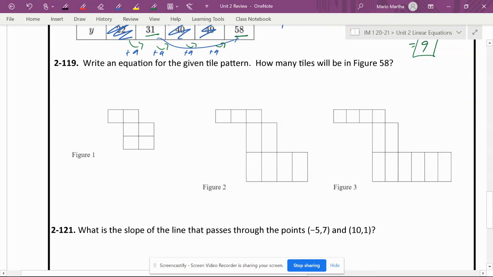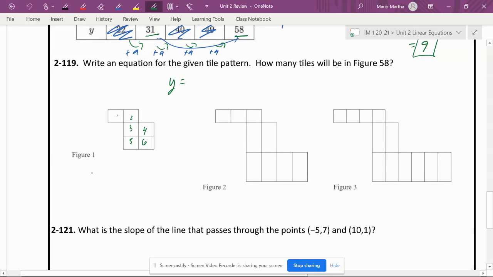And then looking at problem 219: write an equation for the given tile pattern. How many tiles would be in figure 58? In the tile pattern, that was our first situation: we counted how many we had in our first figure. So we have 1, 2, 3, 4, 5, 6.